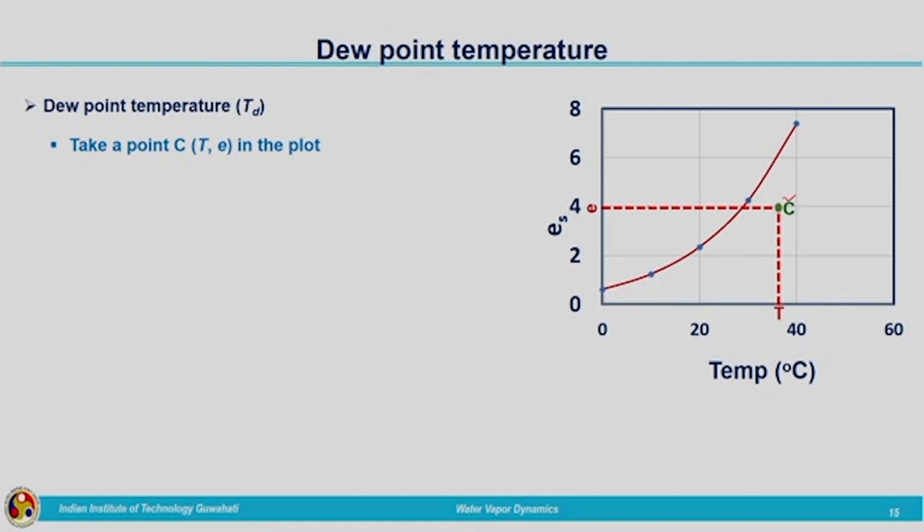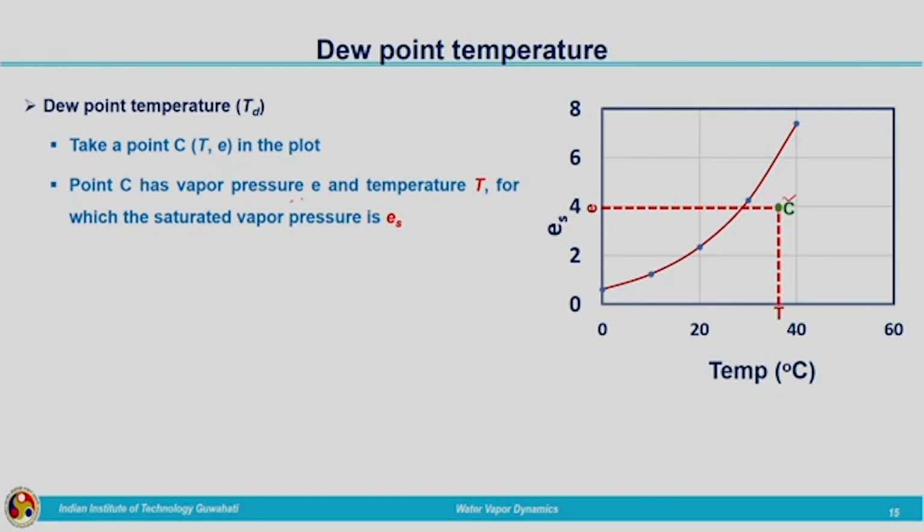This value E we get by extending towards the curve, and for the point on the curve it represents E as saturation vapor pressure, but away from the curve it is no more saturation vapor pressure. It is only the vapor pressure corresponding to that temperature. Now what will be the saturation vapor pressure corresponding to this temperature? For that, what do we need to do? Point C has a vapor pressure E and temperature T, for which the saturation vapor pressure is ES.